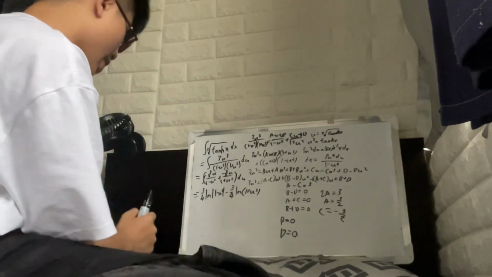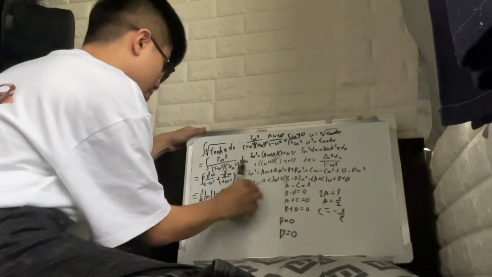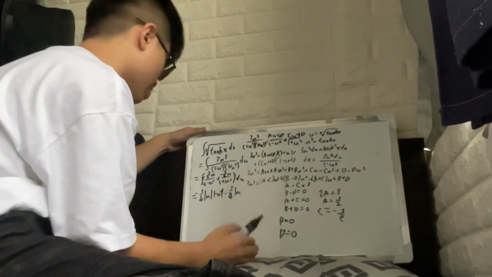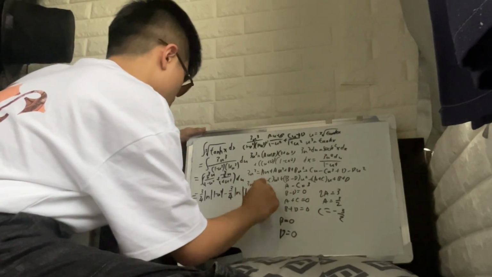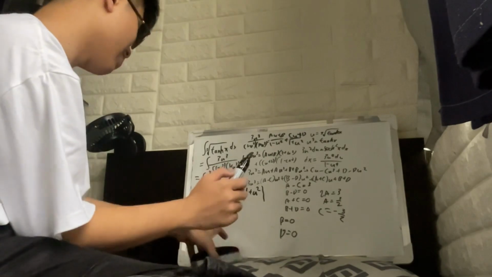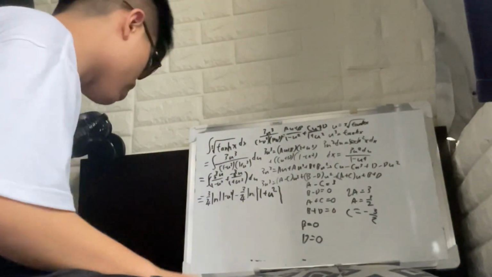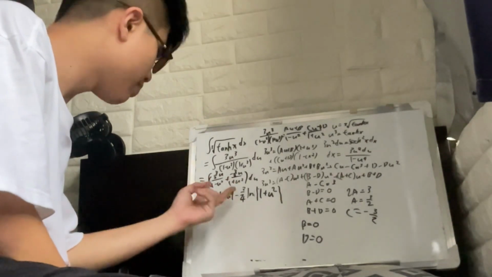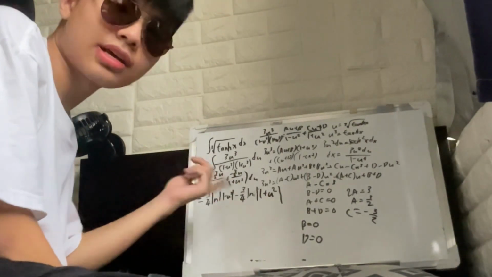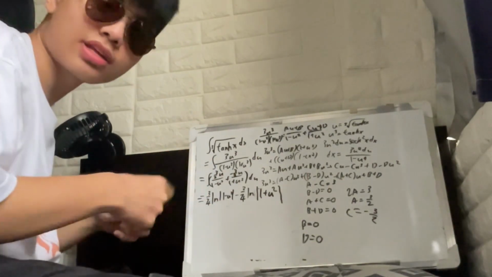But we can combine. Let me just write the absolute value here. It will be nicer. Absolute value of 1 plus u squared. So here's the deal. We have negative 3 over 4 on both sides. Both are negative 3 over 4, so we can factor it out.